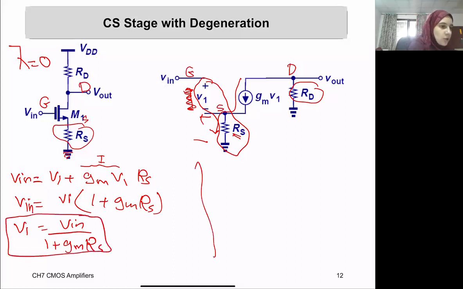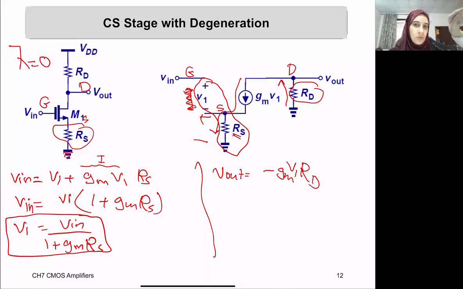And now I want to write Vout. Vout is equal to what? Minus Gm V1 times Rd. Why? Because the same current is going through Rd.